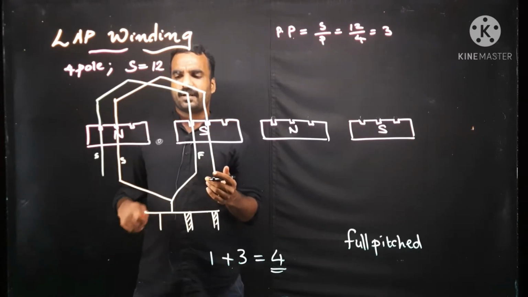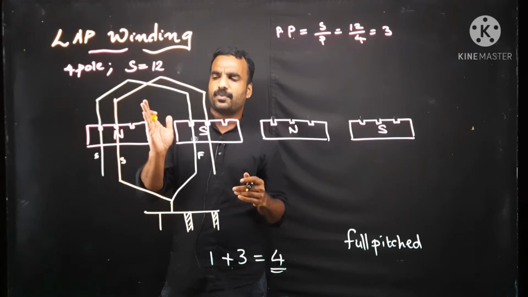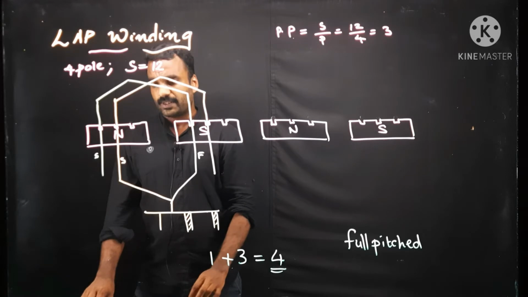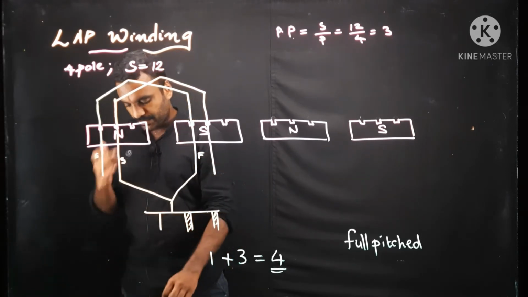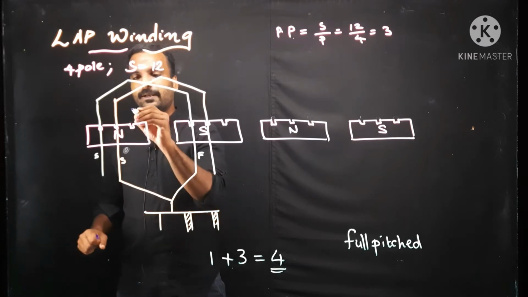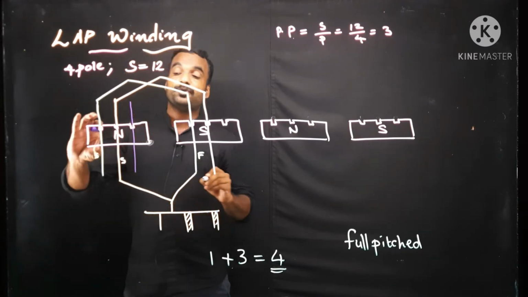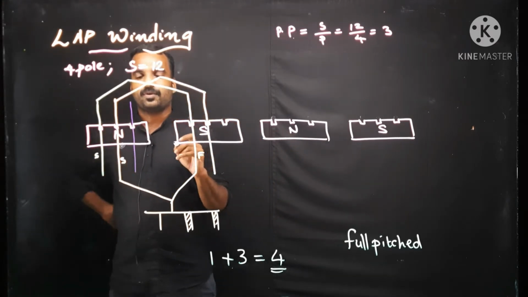Suppose there are 12 slots, so if I am going to engage the third conductor slot also, then a third winding should be placed on the third slot of the same north pole. I am not going to the adjacent north pole.